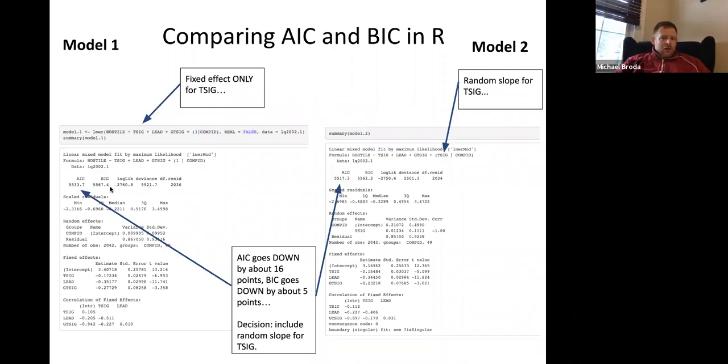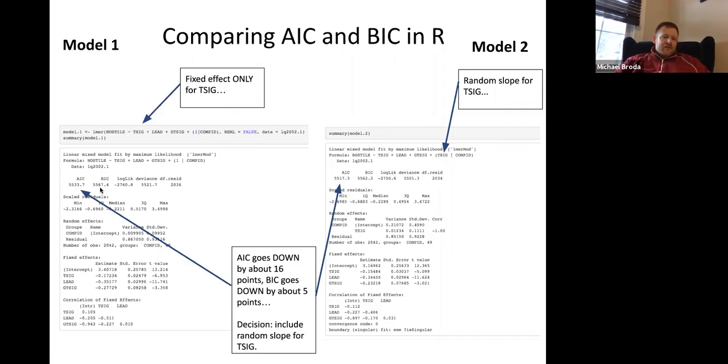And in R, you get your AIC and your BIC right at the top. So it makes it easy. You don't have to run that extra command. So AIC is 5533 for model 1 and goes down to 5517 in model 2. Aha, so AIC went down by 16 points. That's a good sign.